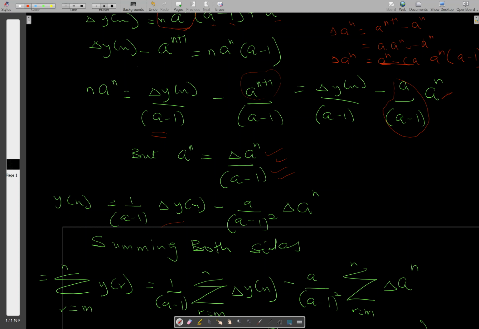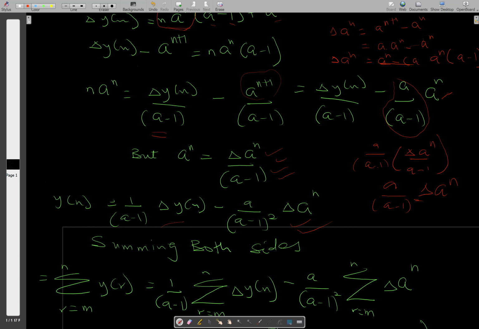So this will be a over a minus 1 times delta a to the power n over a minus 1, and this will be a over a minus 1 all squared, delta a to the power n. And that's what we have here. Now we have delta on both sides, that's the forward difference.